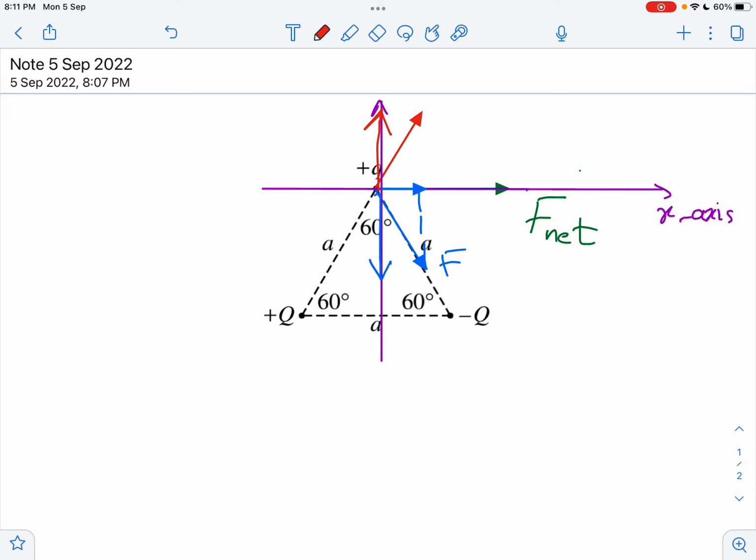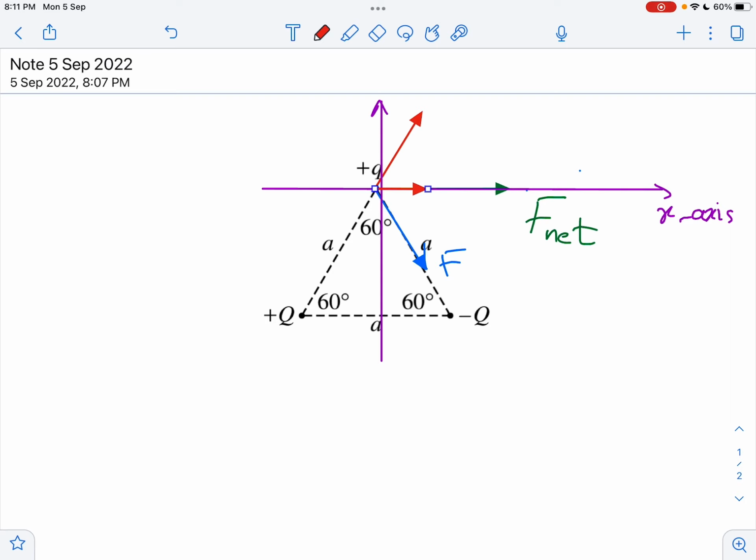So they are going to cancel, and hence we are only left with the x component. So we need to find the x component of the blue force and the x component of the red force, which is for sure the same. The x components of both forces are the same, red and blue. And then simply add them together.